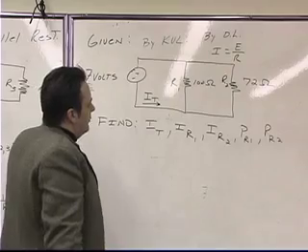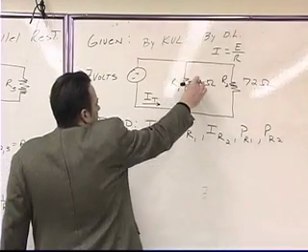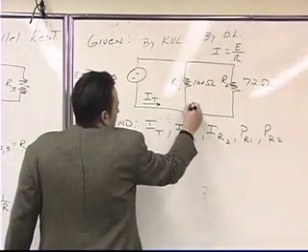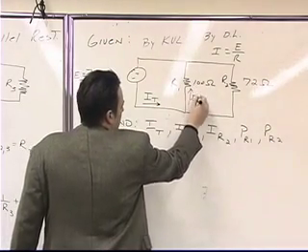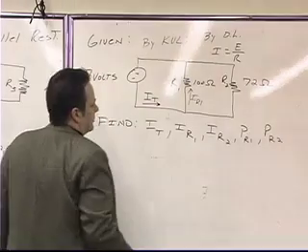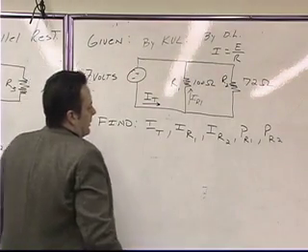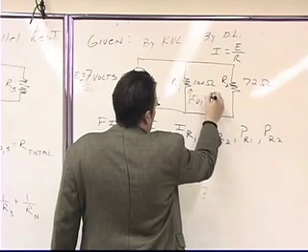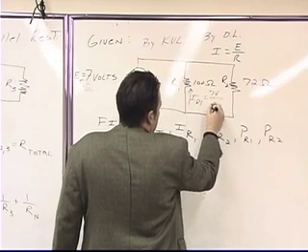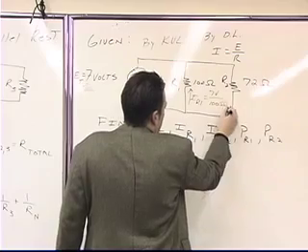So if I know the voltage and I know the resistance, I can immediately find the current that's flowing there. So that would be the current flowing through resistor number 1. Okay? And if I plug the numbers in, that would be simply 7 volts divided by 100 ohms.